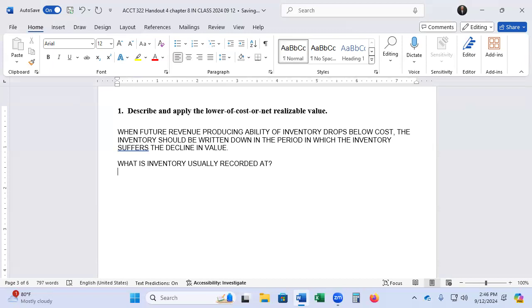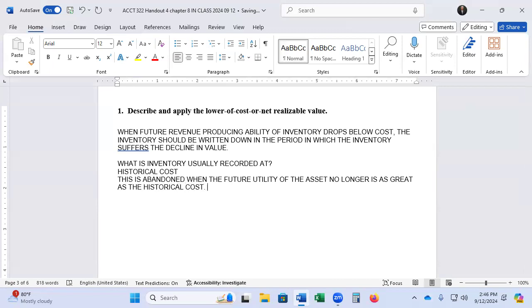What do we usually record inventory at? We usually record it at historical cost. This is abandoned when the future utility of the asset no longer is as great as the historical cost.